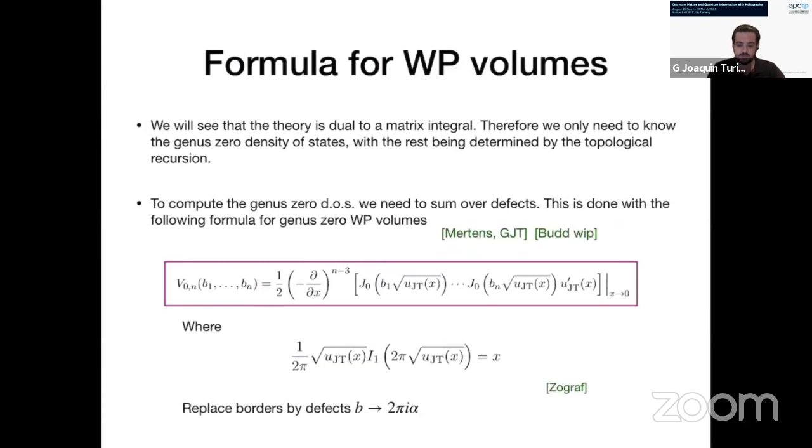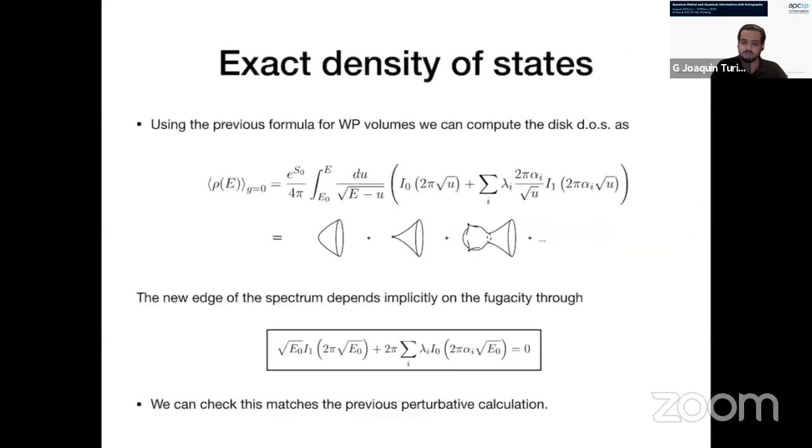It's given in terms of derivatives of this function u of x, and this function is defined in this way. This will appear a lot of times. We replace a boundary by a defect in this way, and we sum over defects, and we get this final answer.